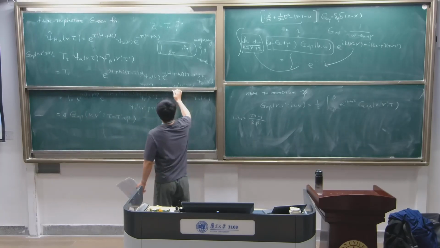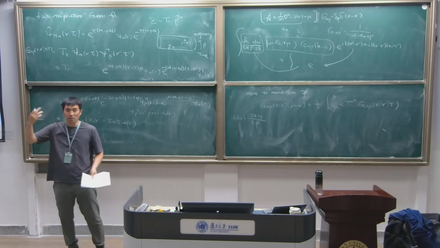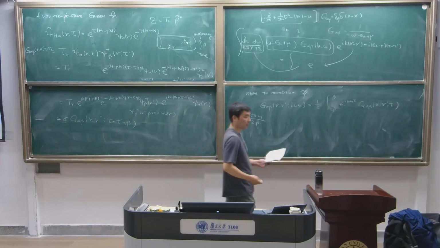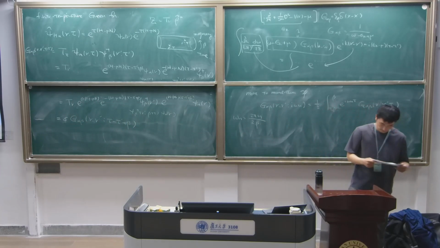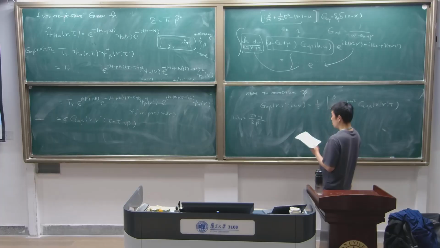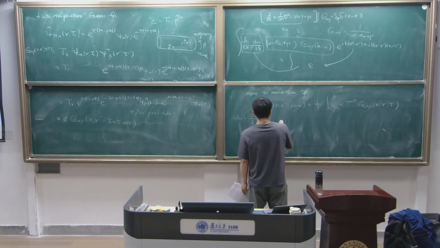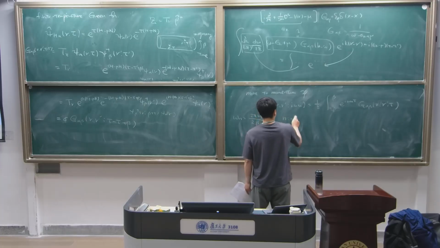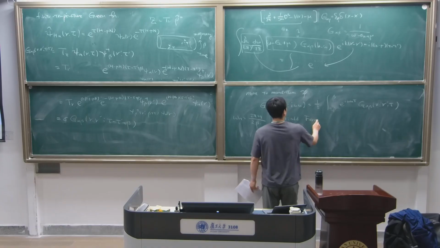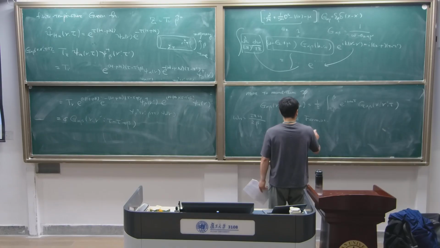So which means that you have to impose anti-periodic boundary condition. So therefore, this is the end result for fermion, and it's even for boson.